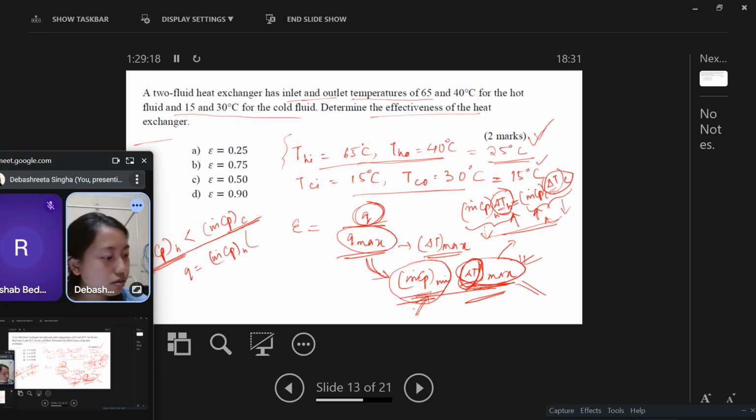Now this effectiveness can be found out like this. So Q max is anyways MCP minimum, and minimum MCP is hot fluid. So directly I'm writing H and delta T max.